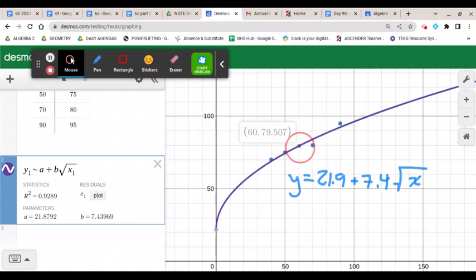All right, and we see that point 60, 79.5. Okay, so when we plug this thing in here, we can say, okay, well, if you get a 60 on a test, it'll curve to a 79.5 in the grade book. We could also plug 60 in for this X right here, calculate the equation up. We'd also get 79.5 for our Y, okay?